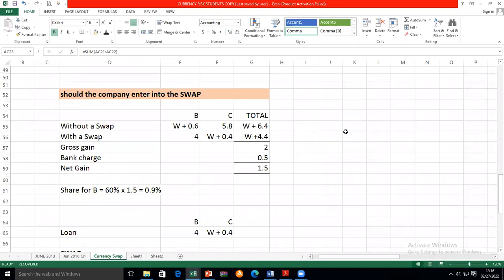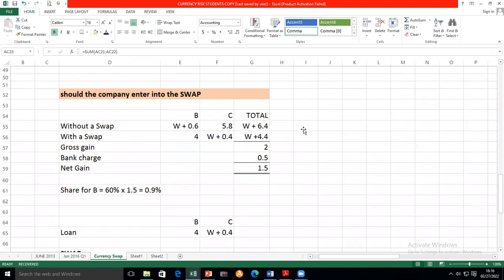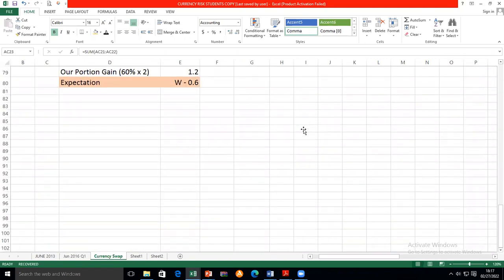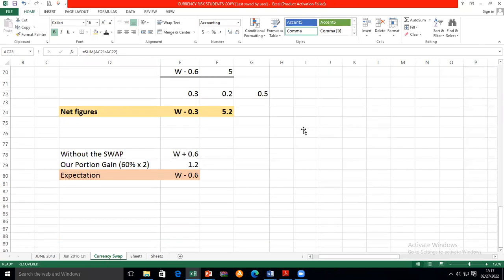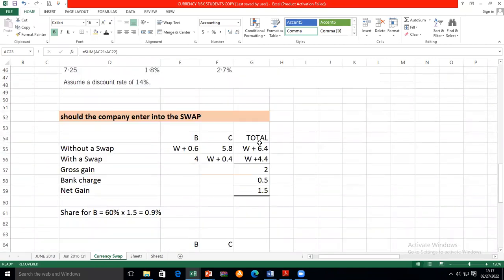Okay, so this was the currency swap. Please try to go through this little computation here.